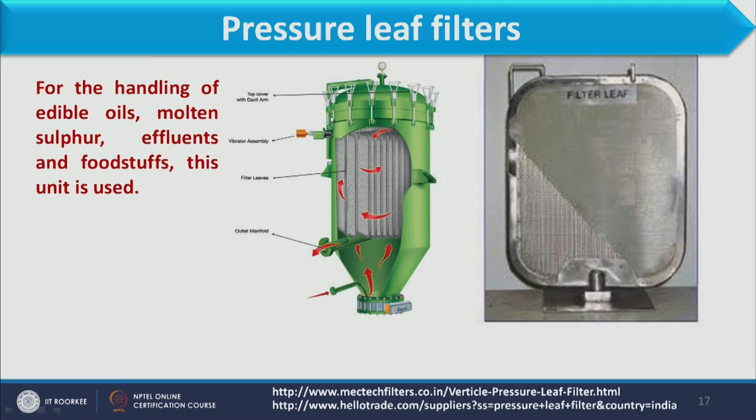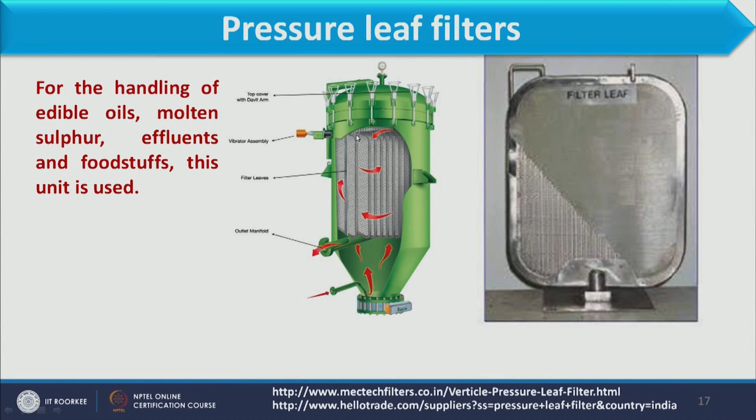Further, when we consider other accessories over here, we have the leaf, and this is the complete assembly. We have already discussed how filtrate is collected, but how cake is collected, that we have not discussed. So cake is collected through this vibrator assembly. Once operation is carried out, due to this vibrator assembly, vibration is done in the leaf.